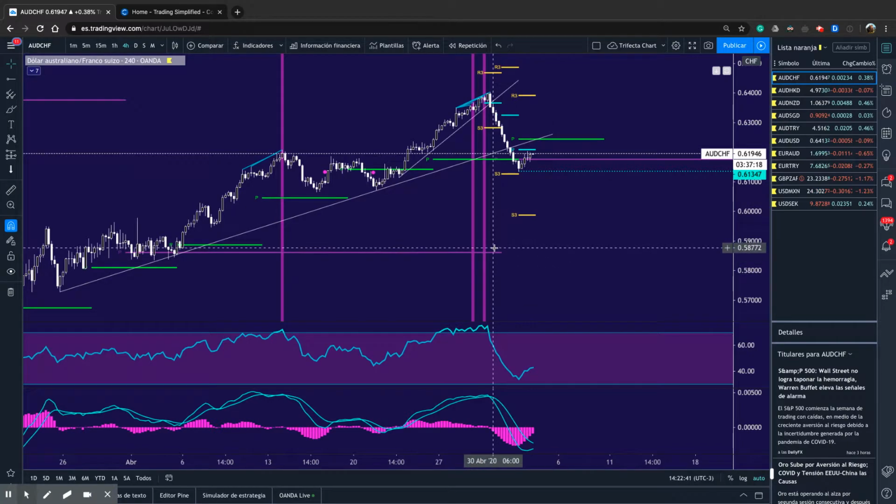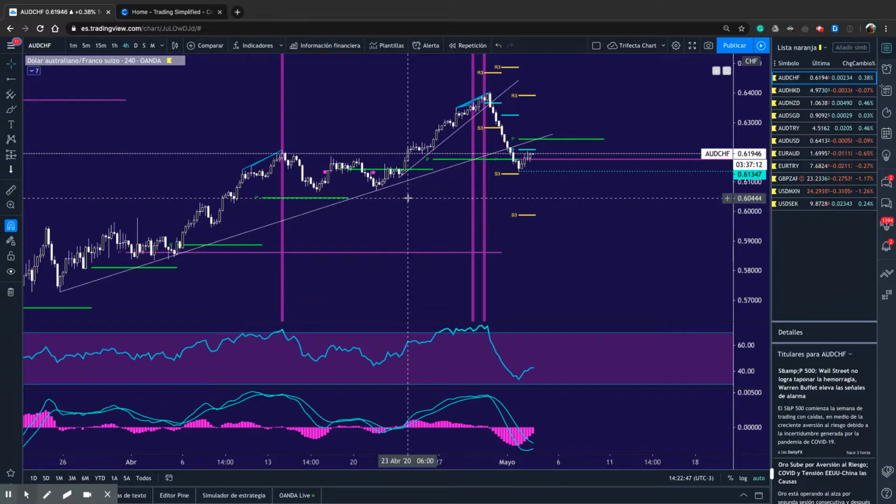So the target would be this monthly pivot of April, or with a more conservative kind of target, this missed pivot of a couple of weeks ago.